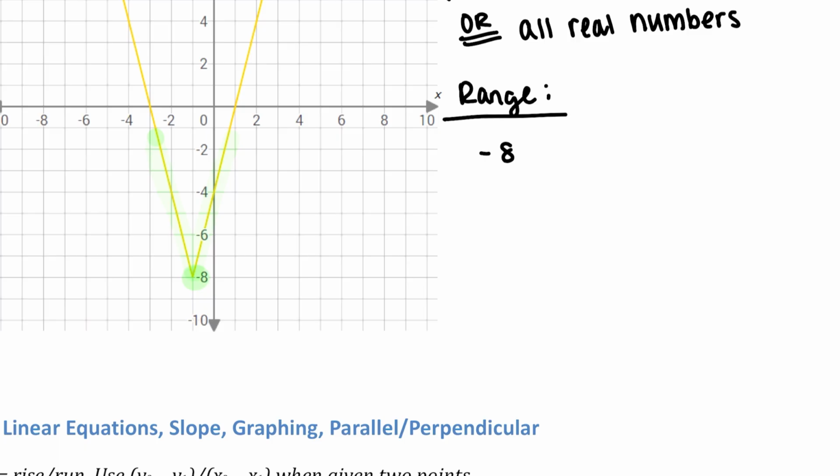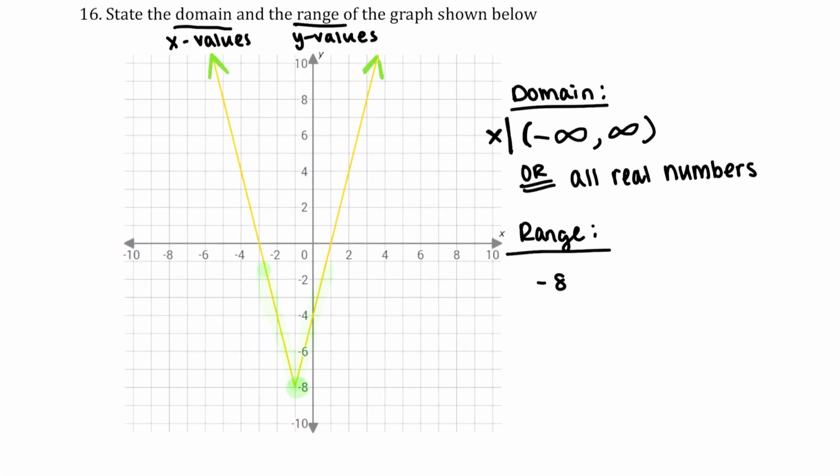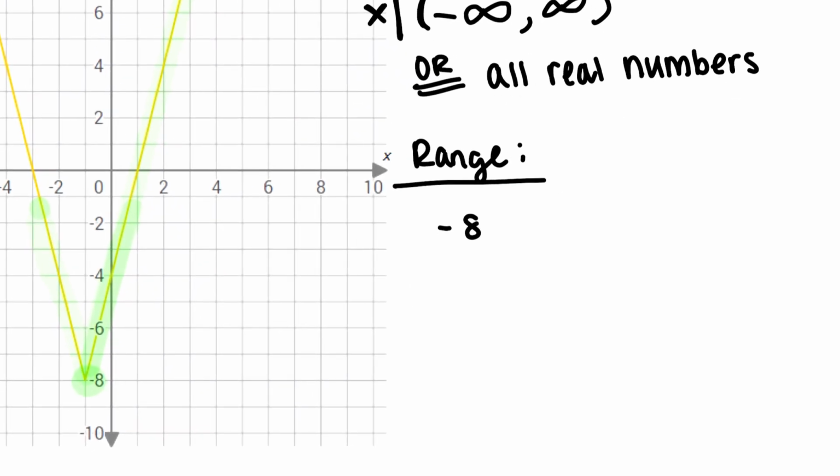And then it looks like we also just keep going up and up and up forever and ever. So we have -8 to infinity, but we're not used to writing it like this. So one way to write range is the way I have it here.